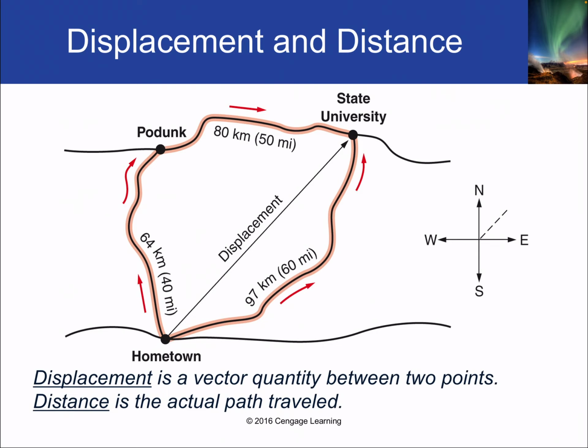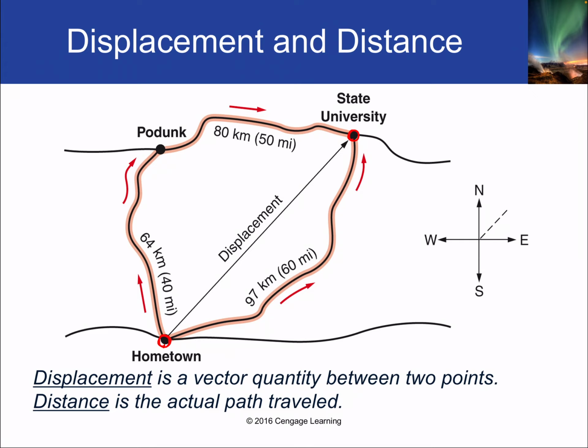So this picture right here shows you the difference between displacement and distance. So notice that displacement is going to be your vector quantity. Okay, and notice displacement is starting out at this dot around your hometown, and it's going straight to the dot by State University.